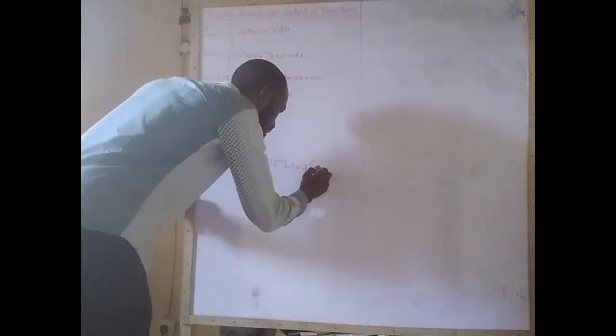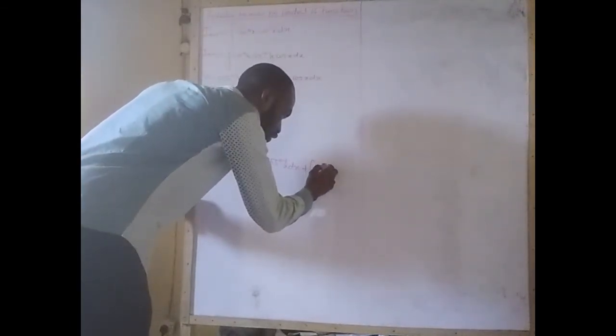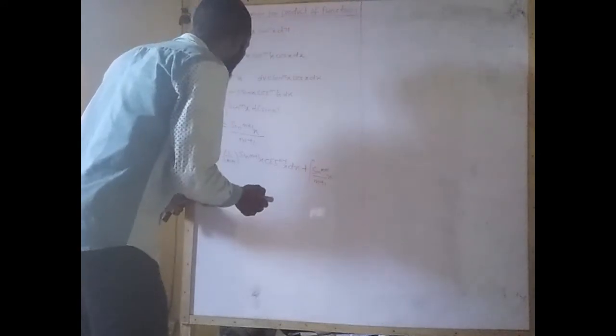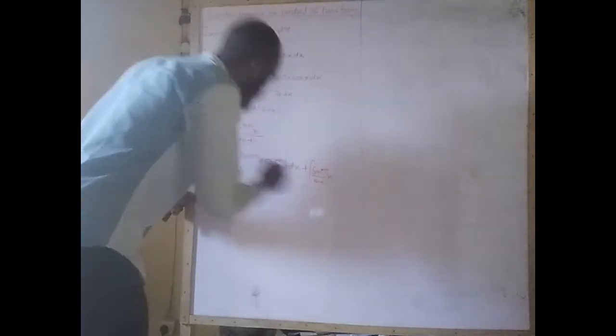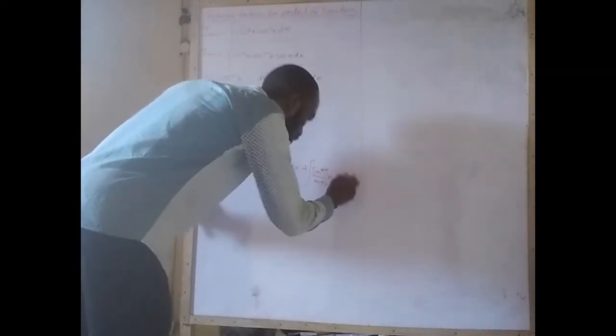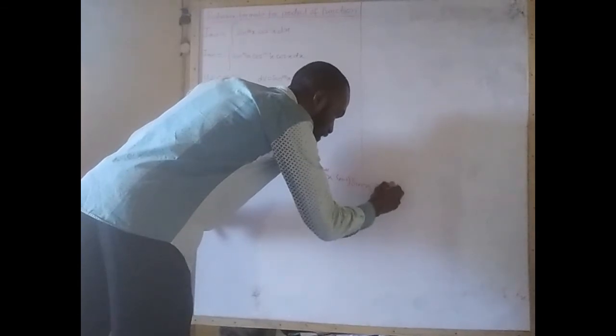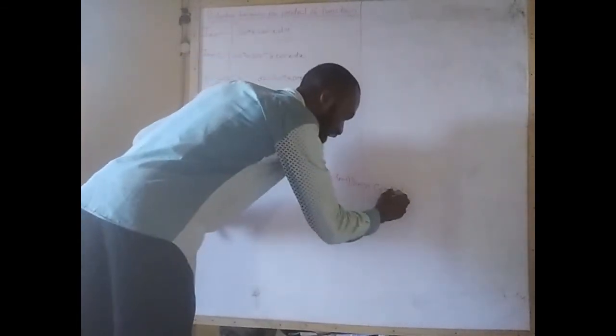Then I have the integral of sine^(m+1) x over m+1. I've brought out the minus. I still have (n-1) sine x cos^(n-2) x dx.